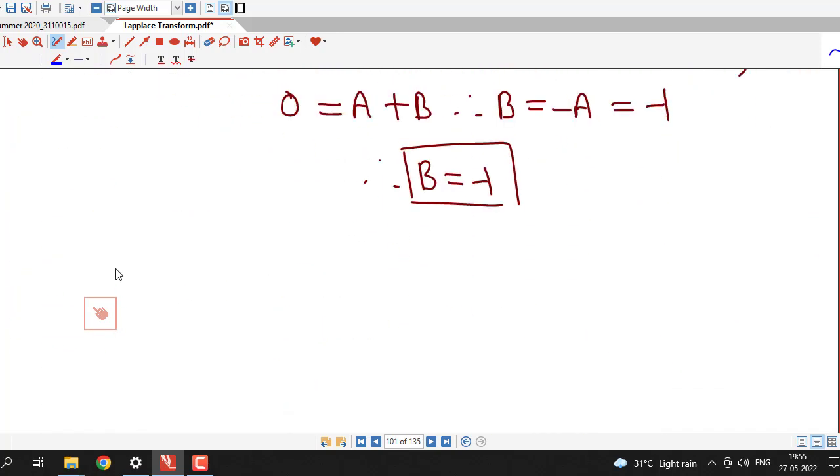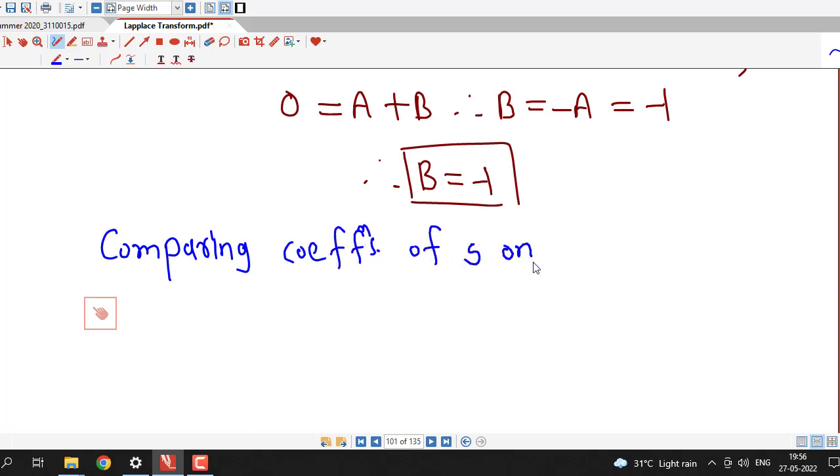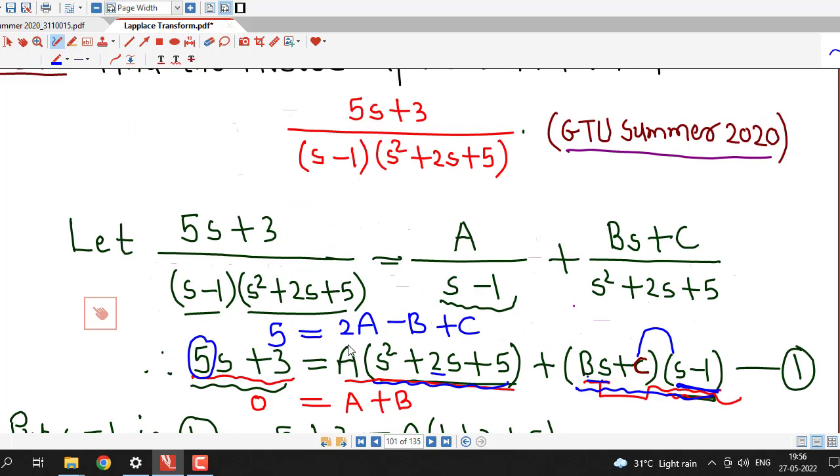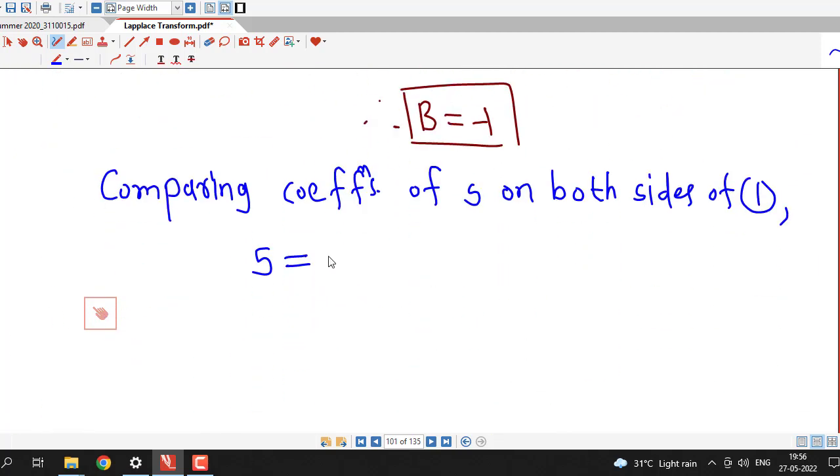In the next step we write that comparing coefficients of s on both sides of equation 1, the equation which we have obtained is 5 equal to 2a minus b plus c.